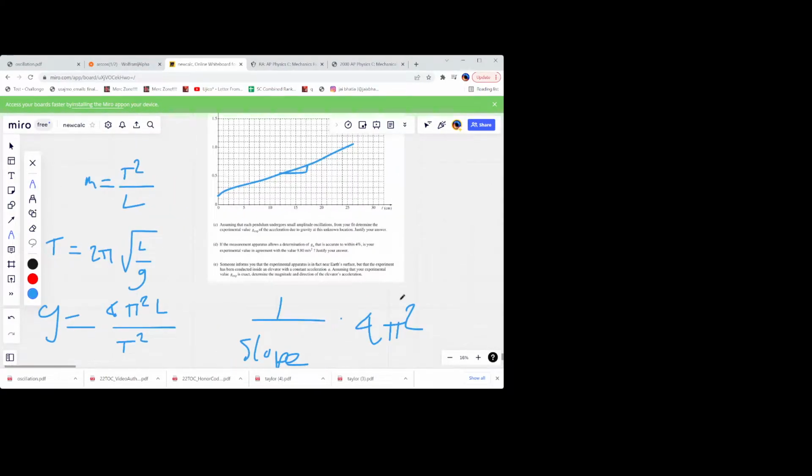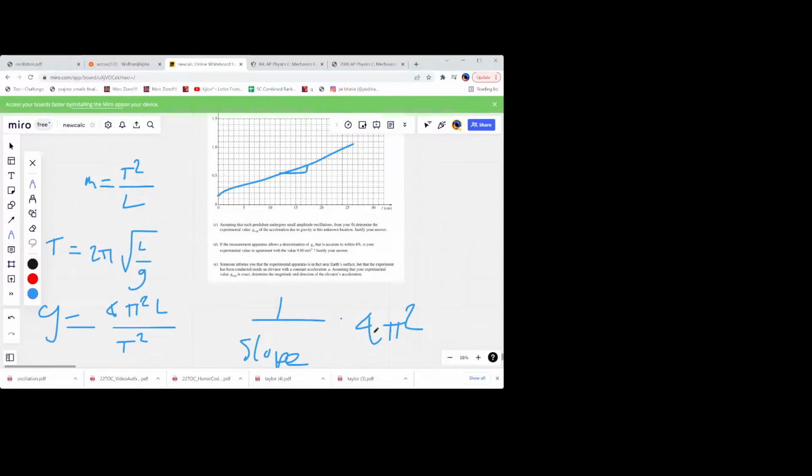Someone informs you that your experimental apparatus is in fact near the Earth's surface. Assuming that your experimental value g exp is exact, determine the magnitude and direction of the Earth's acceleration.